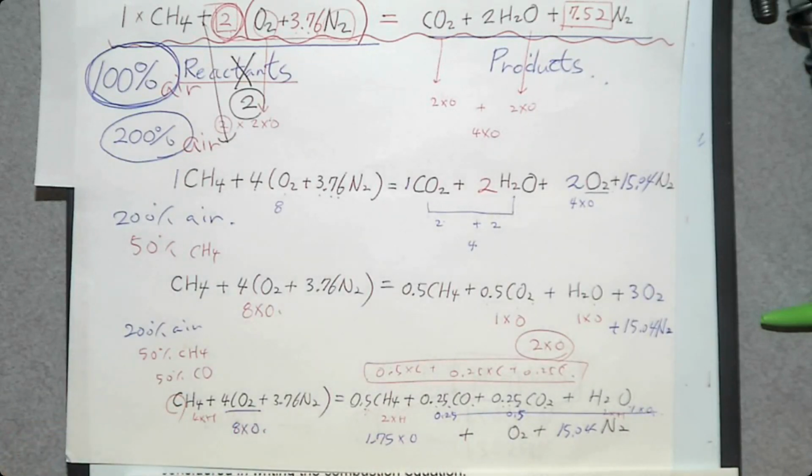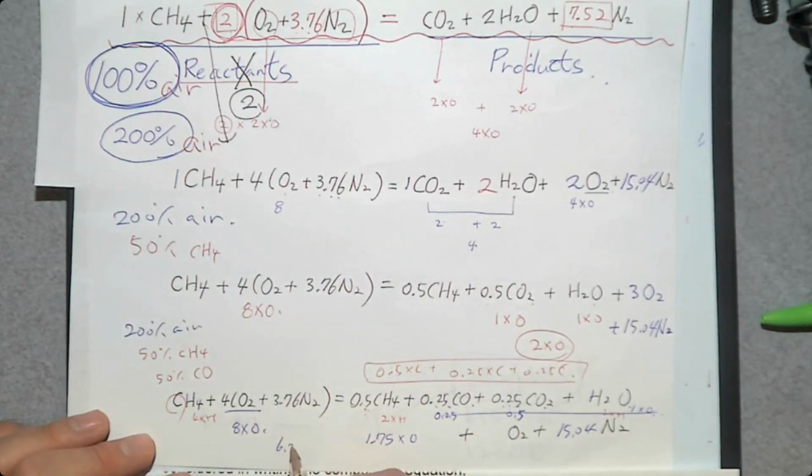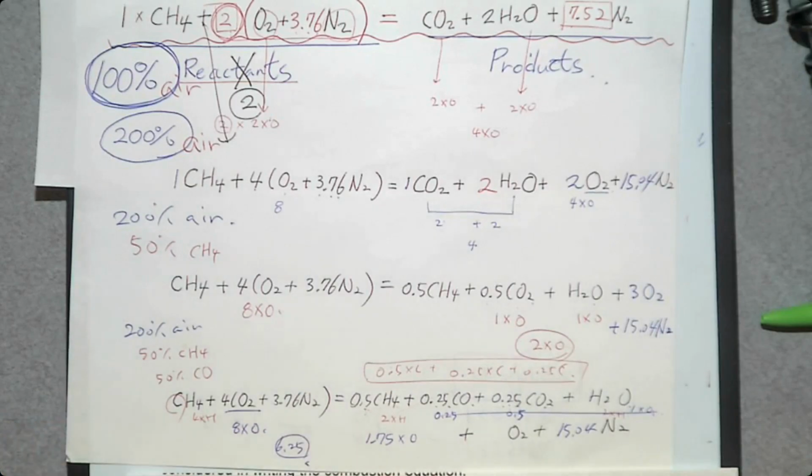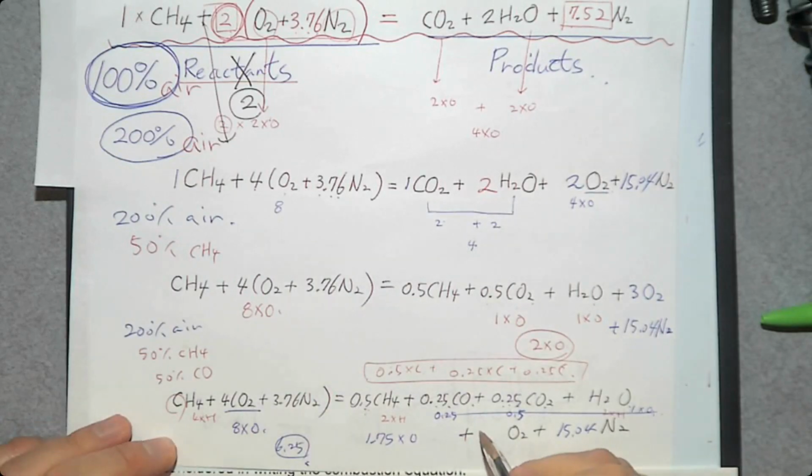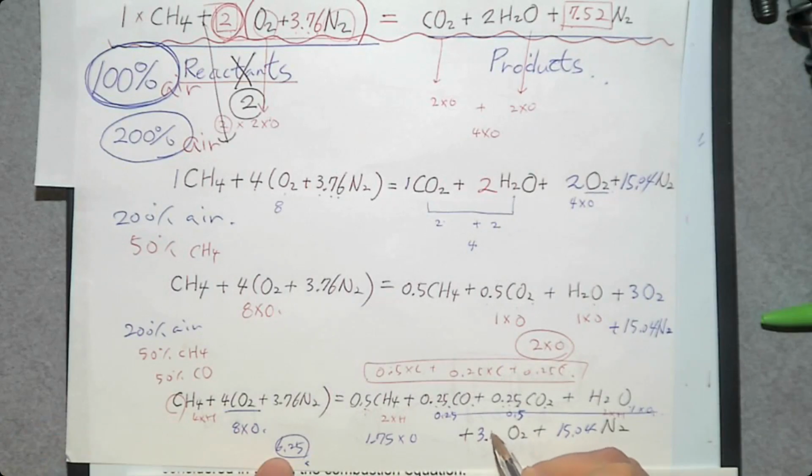So how many left over? 6.25. And each oxygen molecule has 2 oxygen atoms. So how many oxygens do we have in the product? 3.125. So that's how you complete the balanced reaction equation.